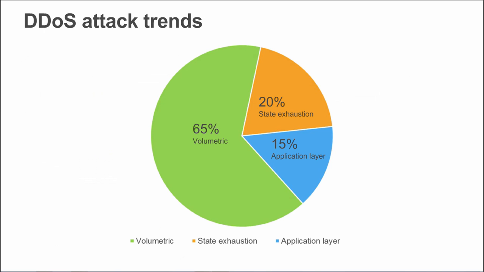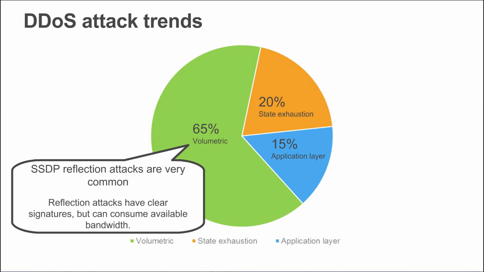In terms of which of these attacks are popular and how they are distributed, a large volume of DDoS attacks are volumetric, and one of the most common attacks there is SSDP or reflection attacks, which are very easy to generate, and we see them occurring very commonly.